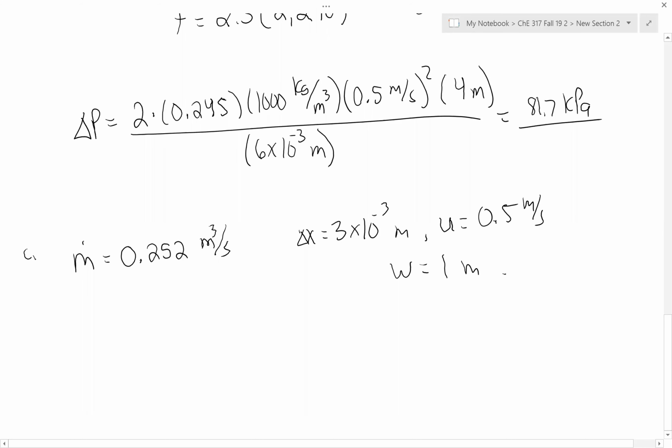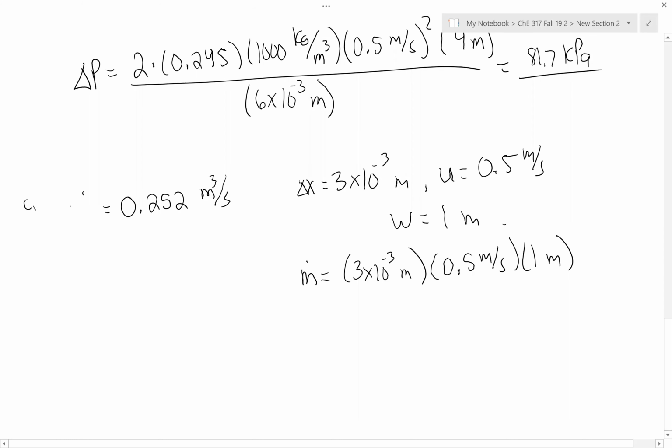So our volume per channel is going to be essentially this 3 times 10 to the minus 3 meters times our velocity 0.5 meters per second times our width, which is 1 meter. There we go. And this isn't mass flow rate, this is volumetric flow rate. So I apologize for that.